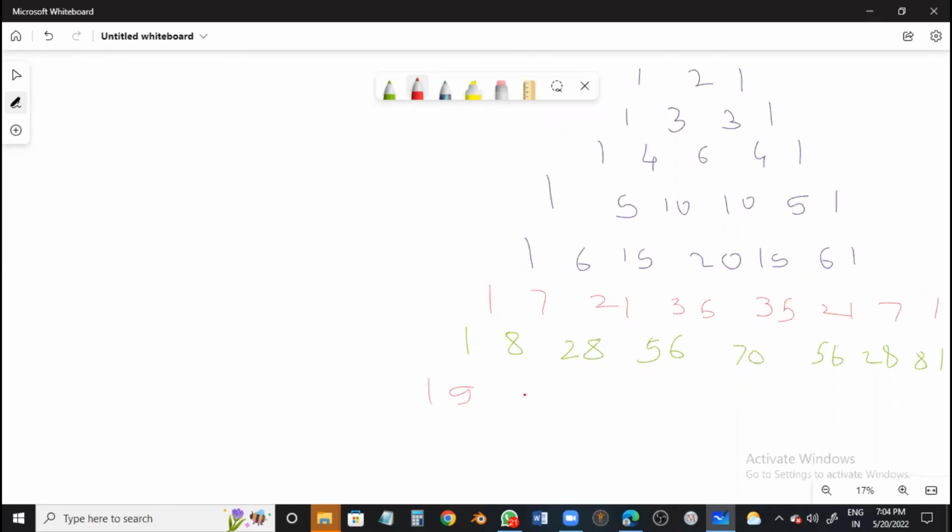Then 28 plus 8 is what? 36. Yes. Then 28 and 56 you want, so this will be 84. Is it so? Yes. This will be 126. Again, you'll have 126. And same things, just go on repeating. This will be 84. Am I writing properly? 36, 9 and 1. Do you all agree?